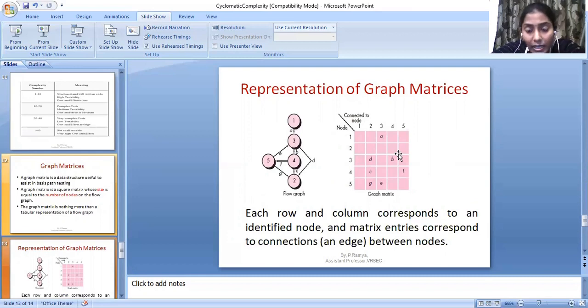In order to make things very clear, we maintain this matrix, right? Each row and column corresponds to a node. So that means like 1 by 1, 1 by 2, 1 by 3, 1 by 4, 1 by 5. That is the way you are connecting, right? So we have to show the representation of the flow graph in the form of a matrix.